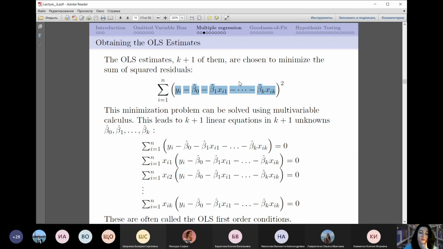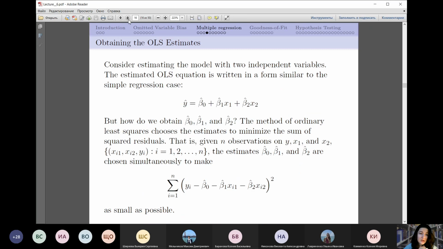So in general, when you have k regressors, you need to minimize this term, yeah? How can you do this? You need to take the partial derivatives of this term with respect to each parameter. Because of this, you have some linear system that you need to solve.